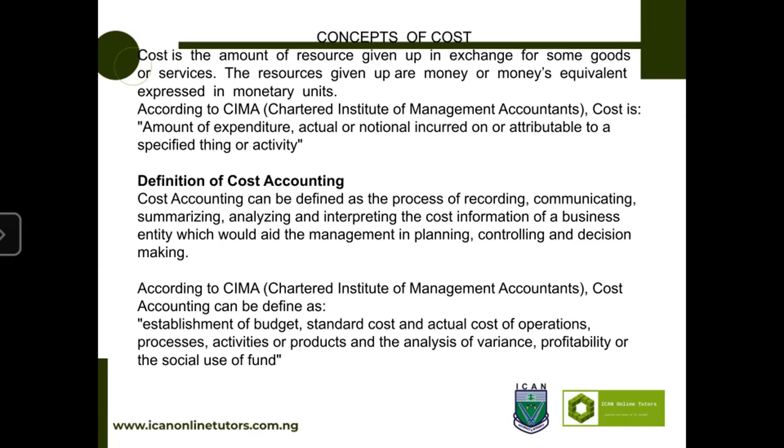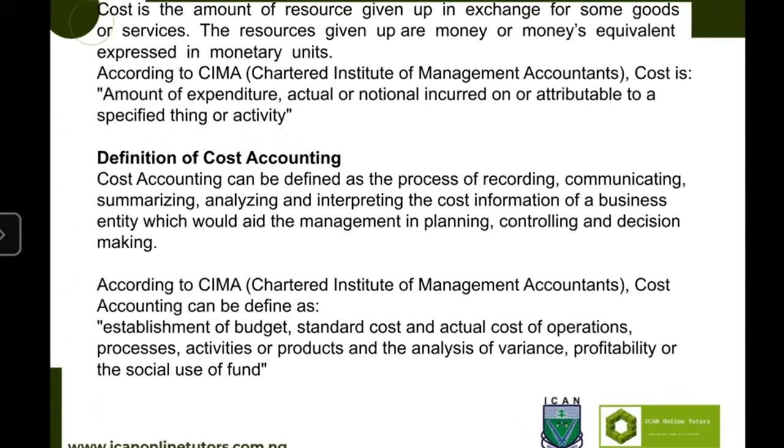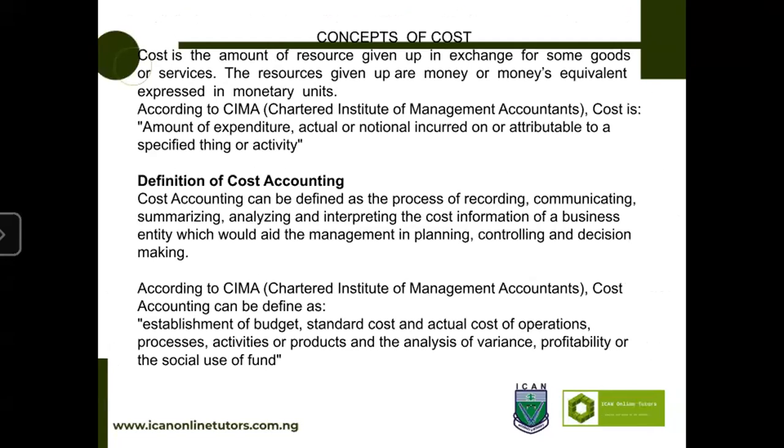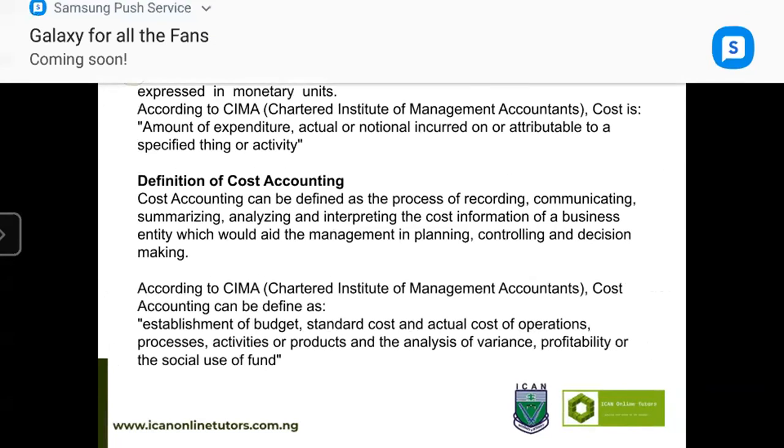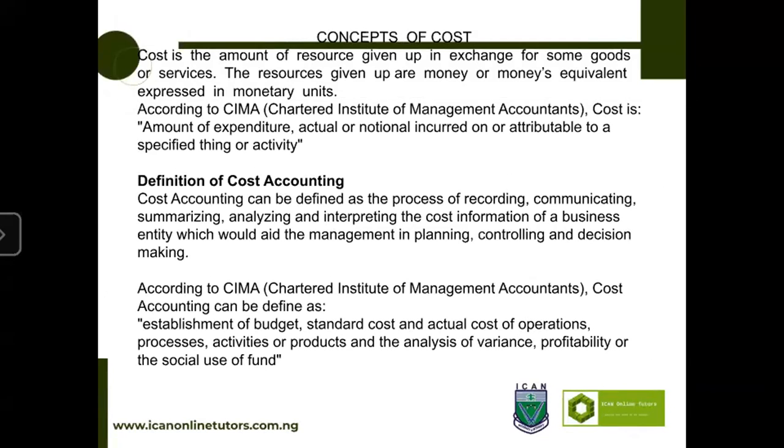Is that not so? If it is so, let's say cost is the amount of resources that is given up in exchange for some goods or services. What you exchange your resources for in order to have that item is called what? Cost. Another good example of cost: if you are going from one place to another, you will ask for the cost of the transportation.